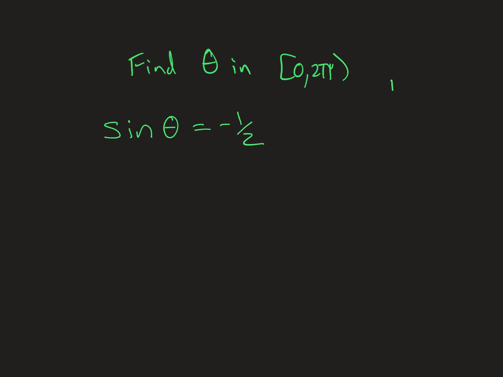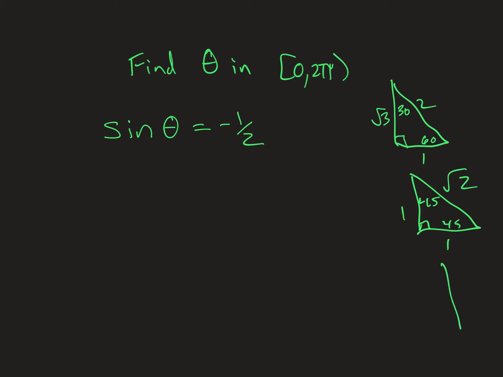And again, before we jump into this, maybe we want to have our little diagrams up. So we've got 1, √3, 2. We've got our 45, 45, 90, which is 1, 1, √2.